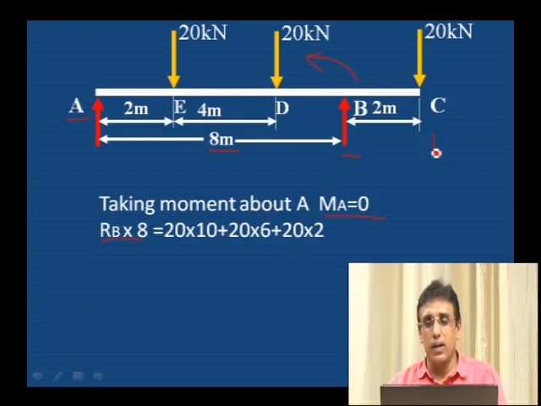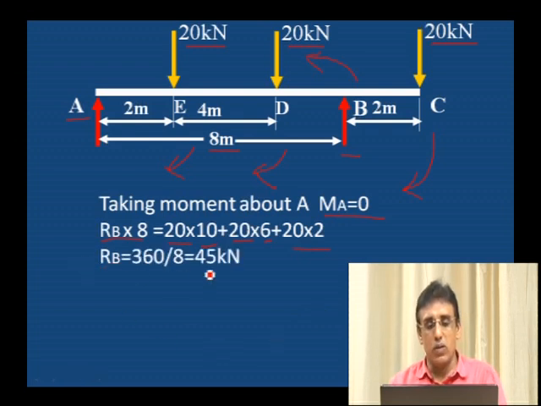All the other loads, if we take the moment, will have a clockwise moment. The 20 kilonewton also gives a clockwise moment. All three 20 kilonewton loads will have a clockwise moment. Therefore, first 20 into distance 10, 8 plus 2, 10 meter. Next 20 into distance 4 plus 2, 6 meter, and then 20 into distance 2 meter. 20 into 10 plus 20 into 6 plus 20 into 2.